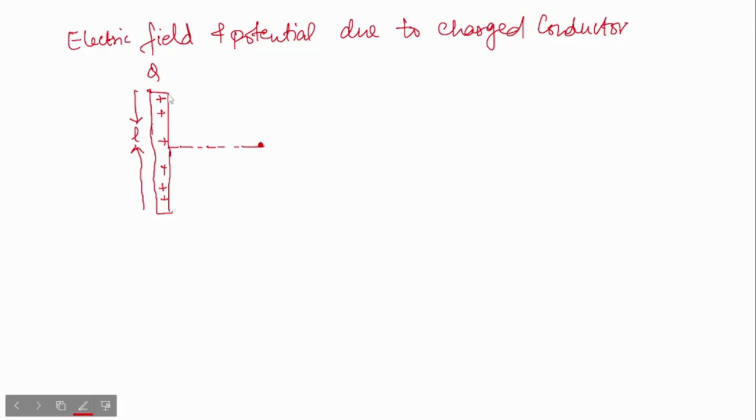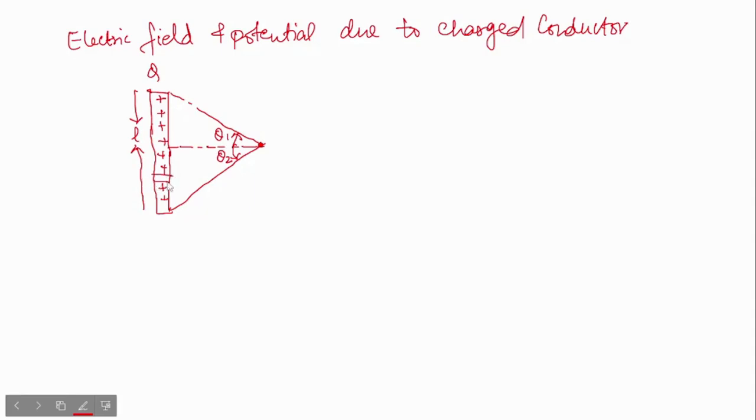Now what we do is join these two points. Suppose these ends are making angles theta 1 and theta 2. Since the electric field is varying along the length, as we move in the upward or downward direction, we need to take a component.